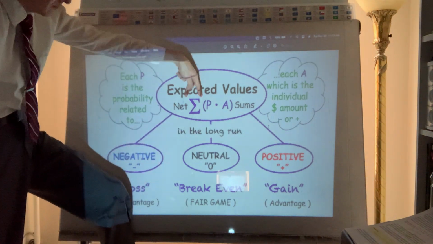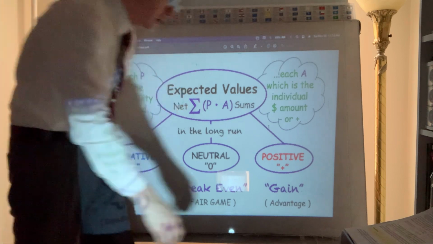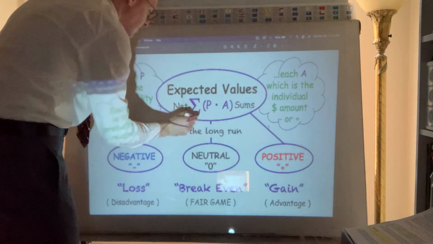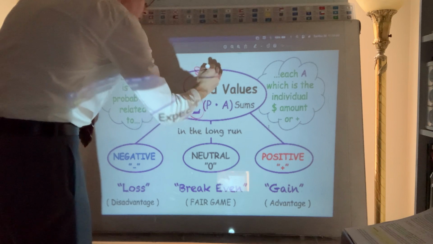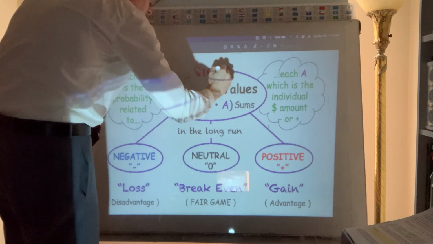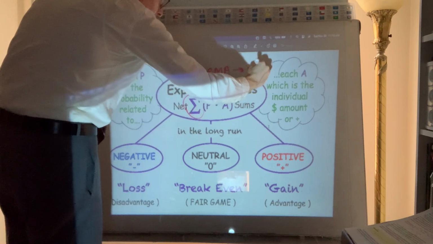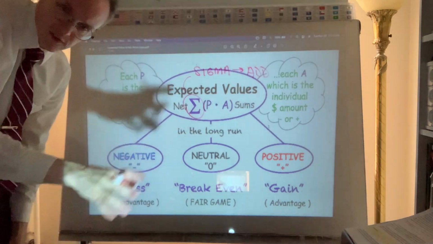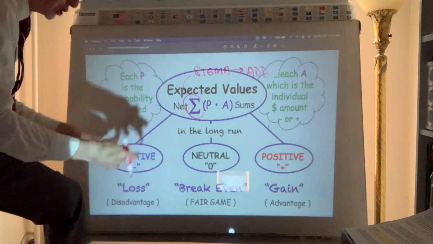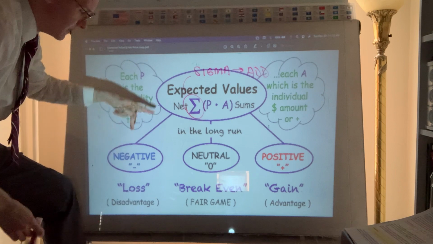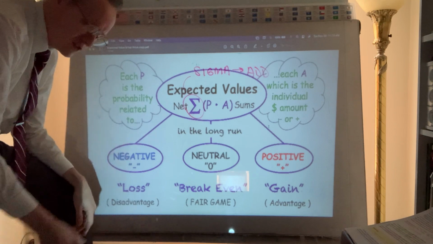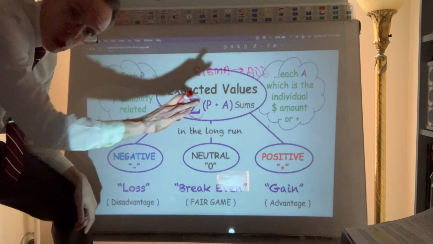Remember, when you see Greek sigma, it is implying that you're going to add somehow. Now you know that it's a combination of signs that dictates whether you really add or subtract, but in general, if the outcome, the sum, is negative, you would consider this a disadvantage in the long run.